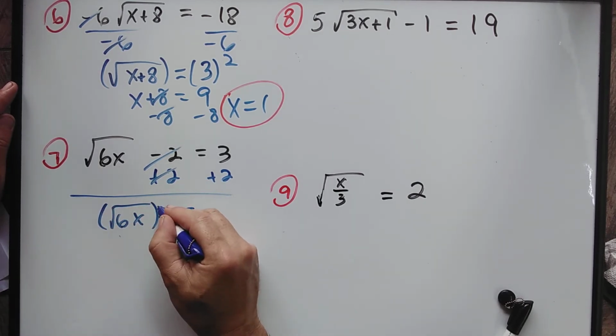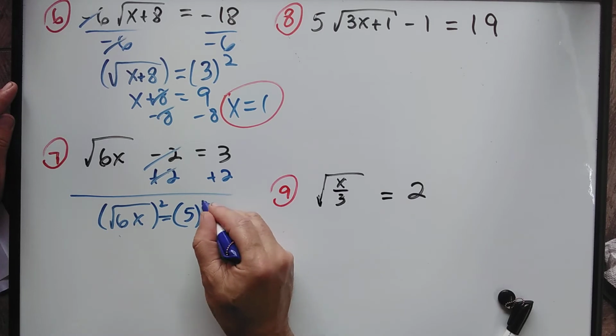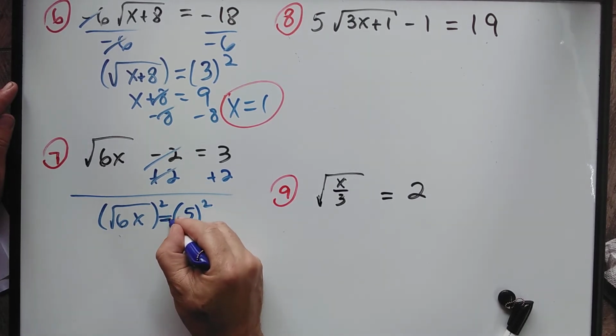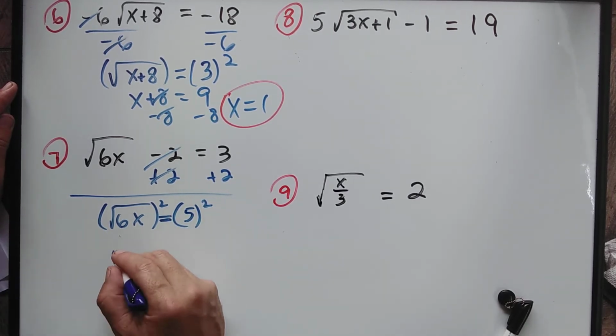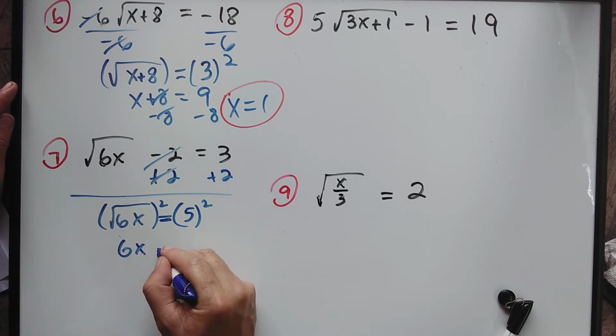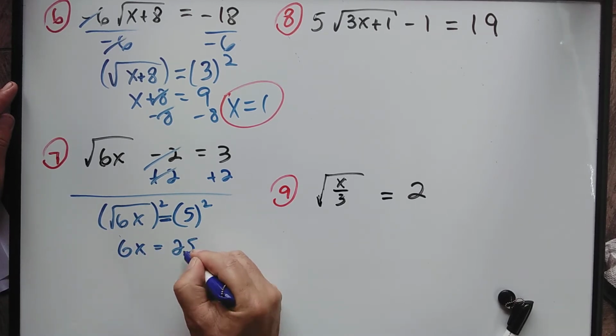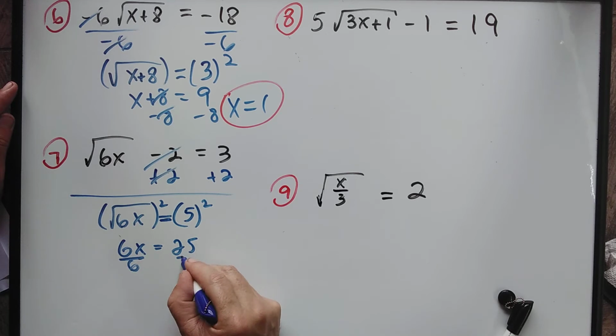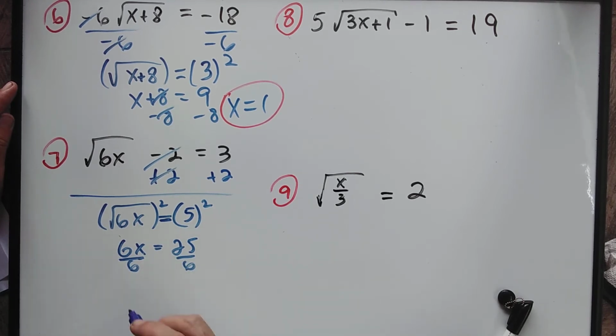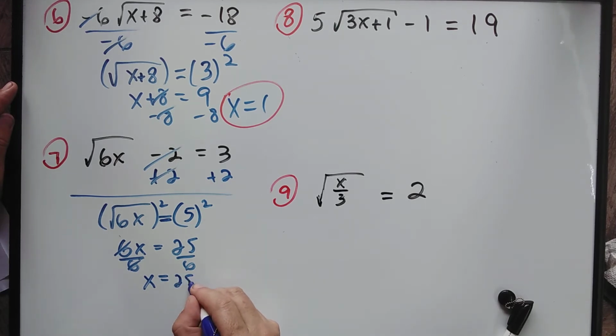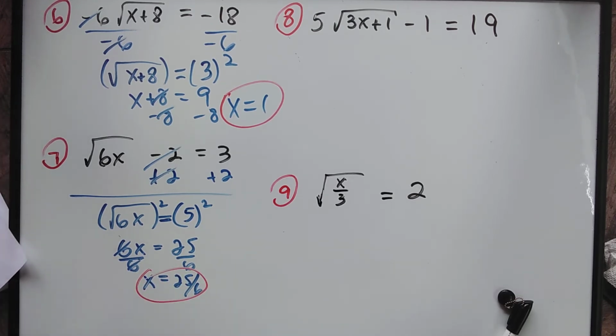You square both sides, and that gives you just 6x without the radical equals 25. And then we just divide by 6 on both sides. You're not always gonna get a whole number, so if that's the case, just leave it as a fraction. 25 over 6 will be my answer. 25 over 6.